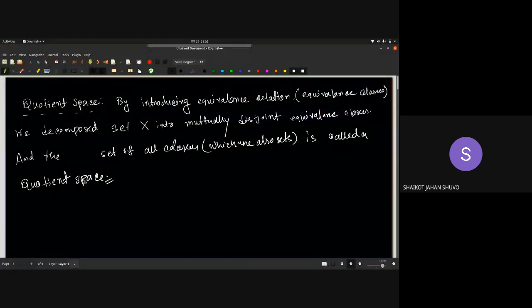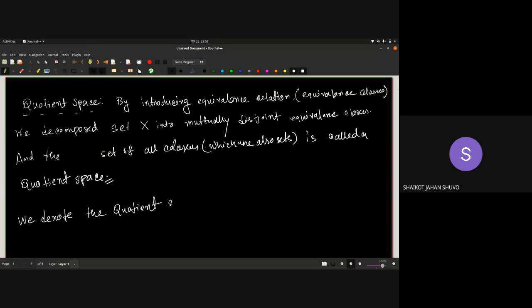And we denote the quotient space with X slash this equivalence relation. So this denotes the quotient space for some set X where some equivalence relation, the symbol equiv, is introduced.